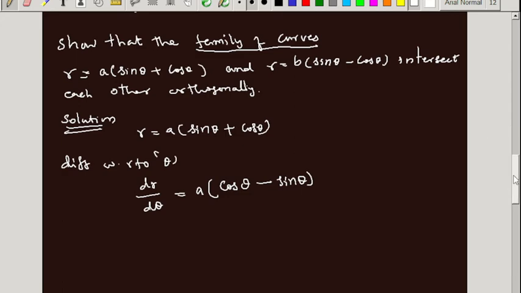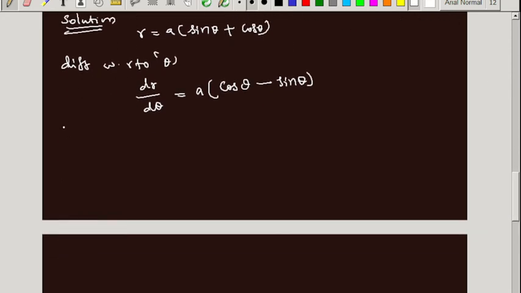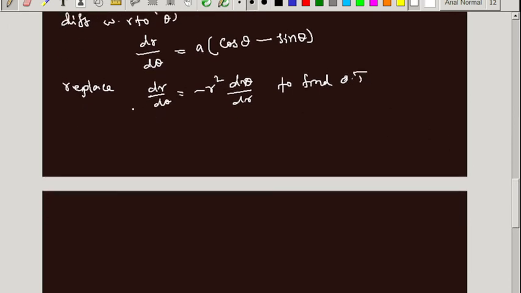Now we must replace dr by d theta as minus r square into d theta by dr to find the OT, orthogonal trajectory. So here I am modifying the left hand side: minus r square into d theta by dr equal to a into cos theta minus sin theta.